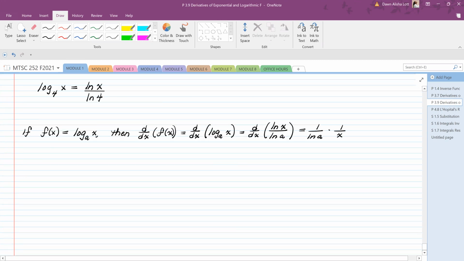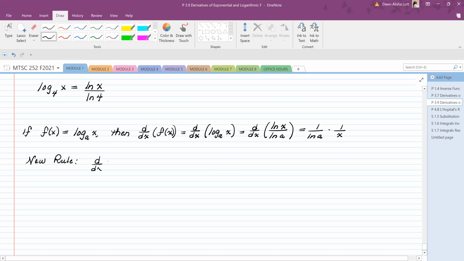So there's my new rule: the derivative with respect to x of the log base a of x is 1 over x times the natural log of a.